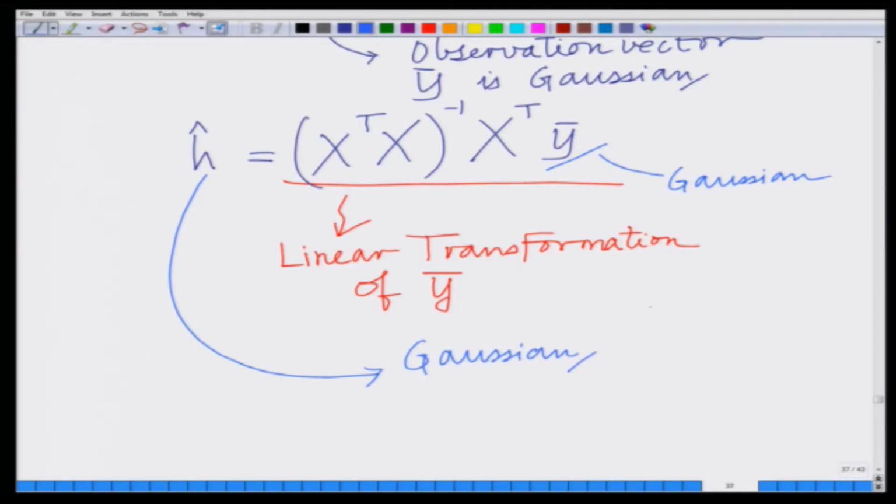Since the linear transformation of a Gaussian vector results in another Gaussian vector, the estimate h hat is a Gaussian vector. So, that is the first thing that we have established, that is h hat, the estimate of the vector parameter h, is a Gaussian vector. Okay, that is the first thing.